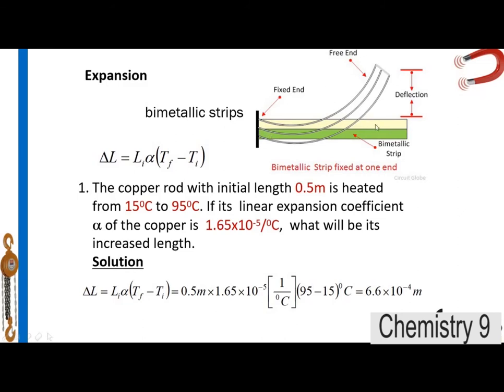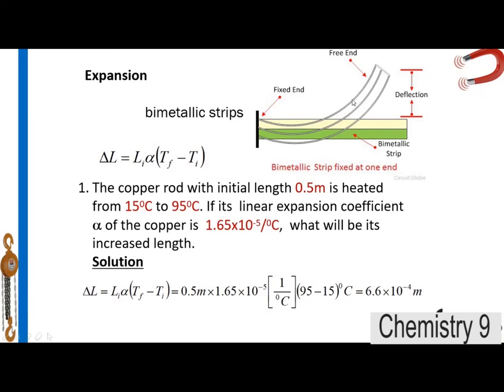And in fact, it is this deflection or movement away from the horizontal position that we're actually interested in, because that degree of deflection, that movement from this position to, for example, this position, the bending of the bimetallic strip, is actually indirectly related to the temperature.